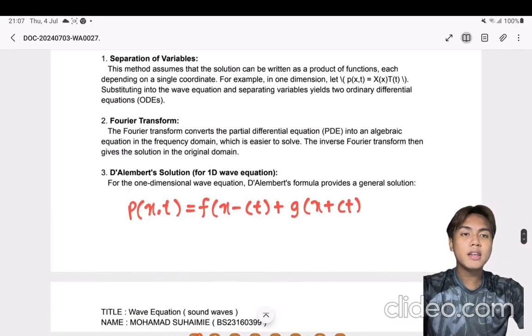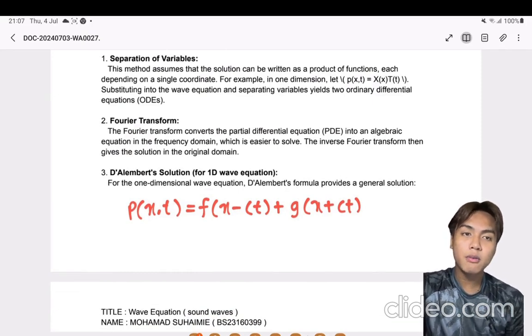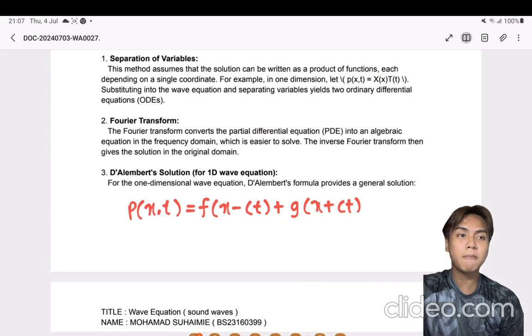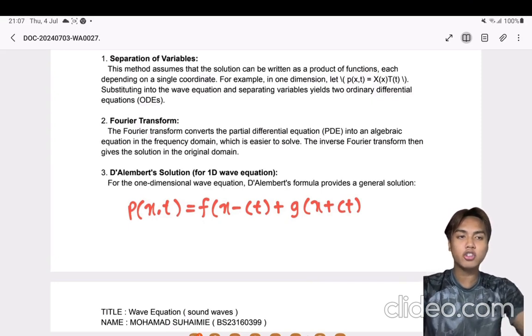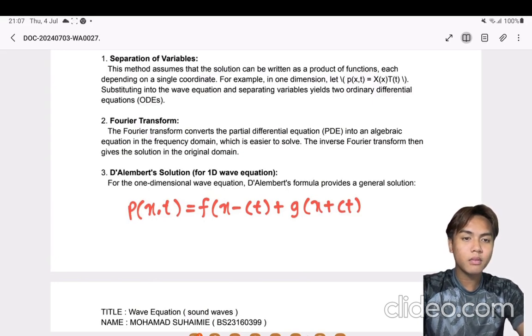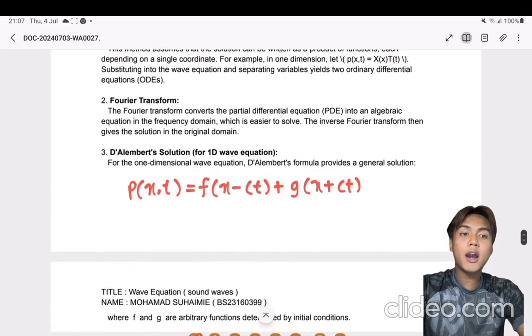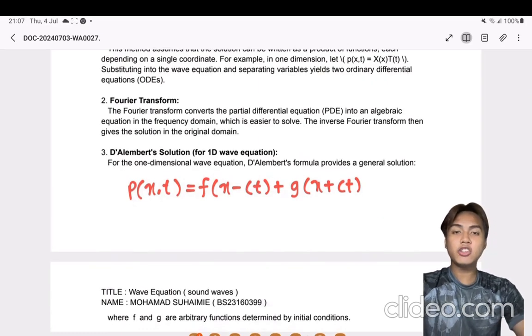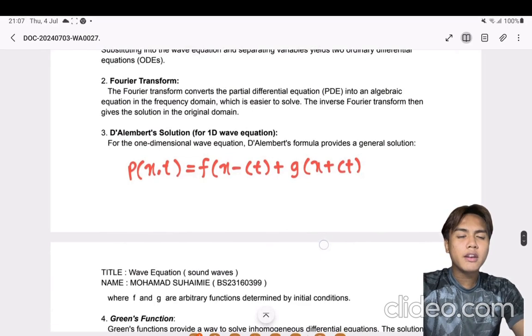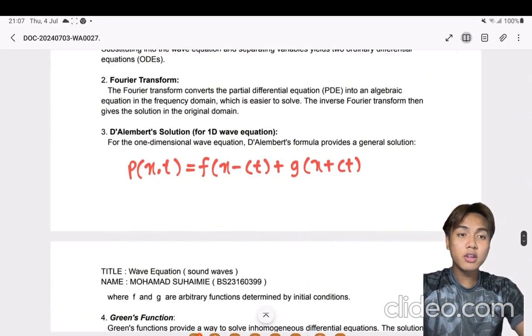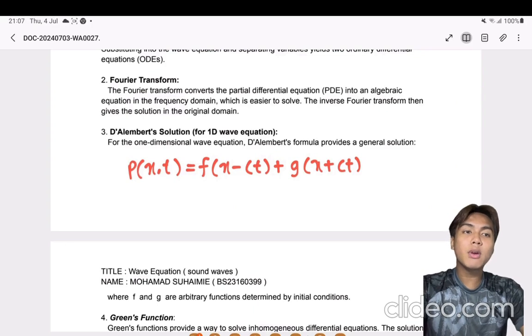The third one is the d'Alembert solution for the one-dimensional wave equation. The d'Alembert formula provides a general solution like this, where f and g are arbitrary functions determined by the initial conditions. And the fourth one is Green's function. Green's function provides a way to solve inhomogeneous differential equations.